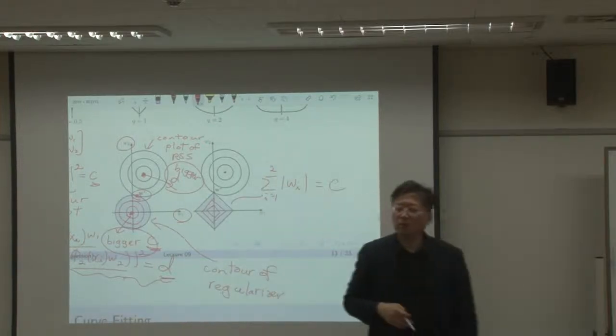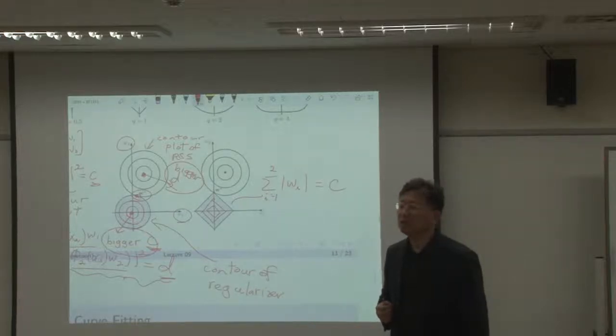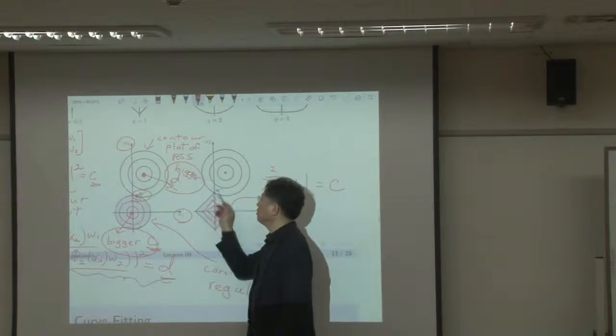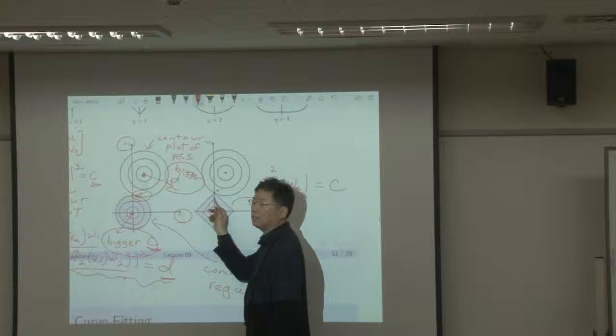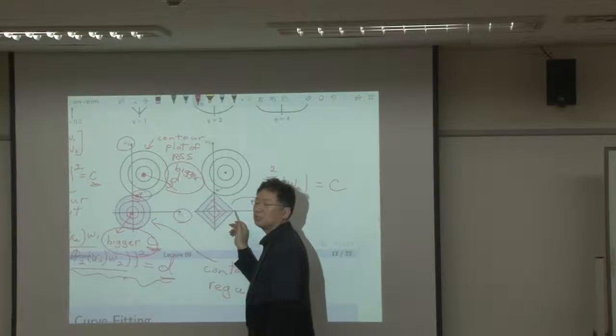So what kind of a W would you get? If it's right here, what is the value of W1? 0. What happens if it intersects at the corners here? What's the value of W2?